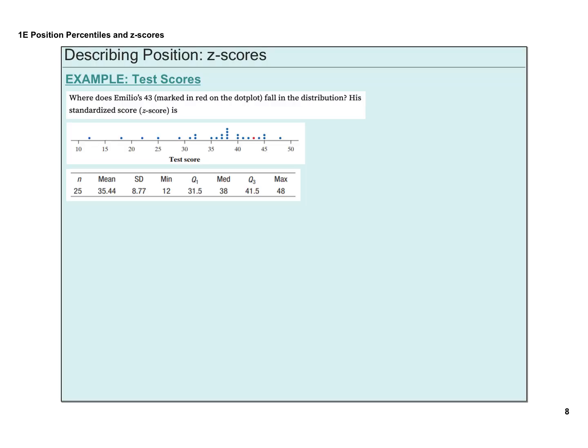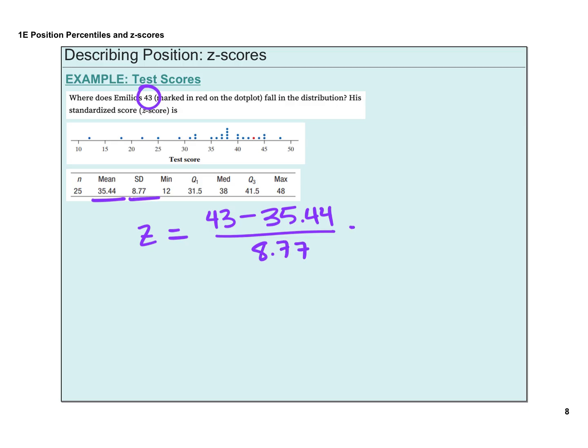So we're going to come back to Emilio, and now we're going to look at his z-score rather than his percentile. We already found out that he was in the 84th percentile. But what does that mean for his standard deviation? How far away from the mean is he if we put this on a standardized scale? I need the mean and the standard deviation. So his z-score is going to equal his data value, which is 43, minus the mean of 35.44, divided by the standard deviation of 8.77.